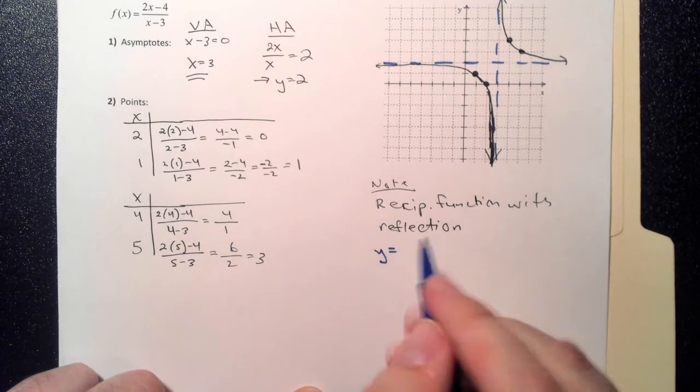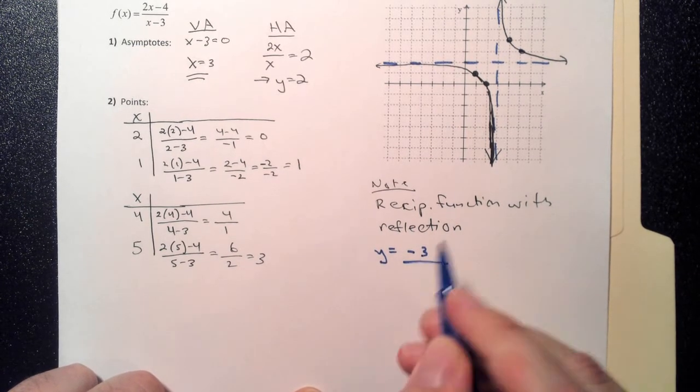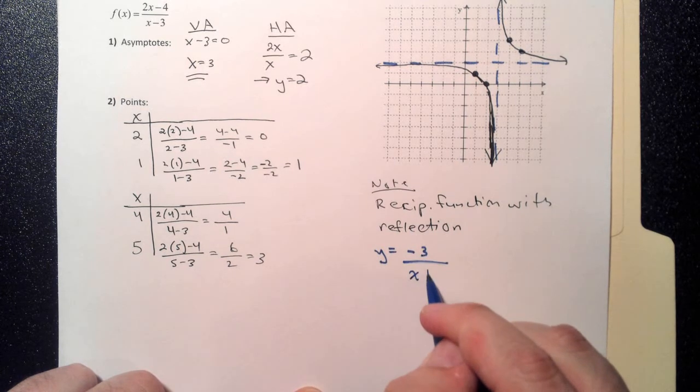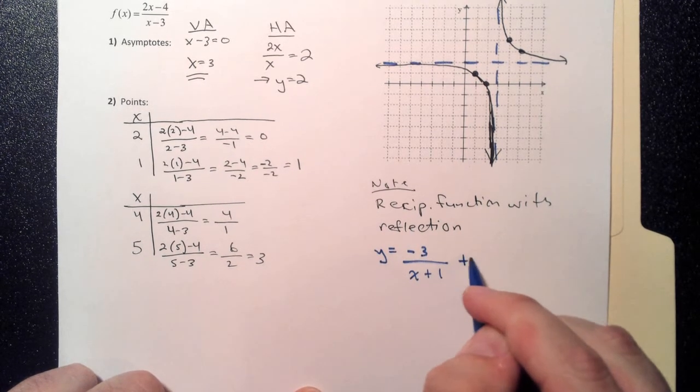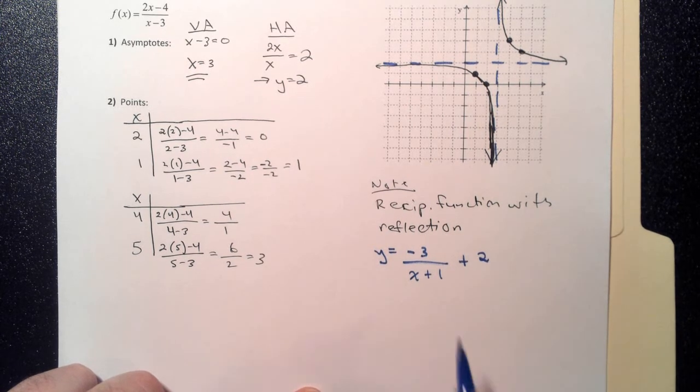I might have something like y equals negative 3 over x plus 1 plus 2 or something like that.